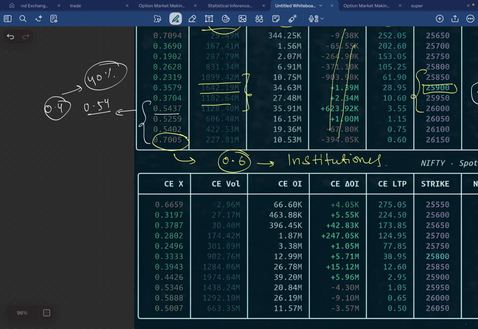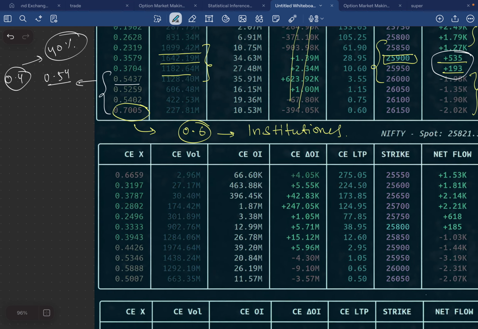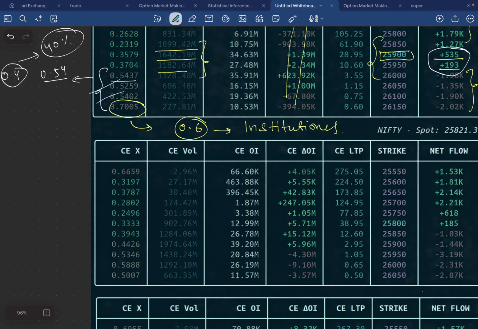So this is a good win. The same stands here, and the same stands here. But the outlier for us here is the 24,150 strike. Here we notice that it surpassed 0.6, and it is in fact greater than this by 20%, and it can confirm that it is institutional activity we have detected at that particular moment.